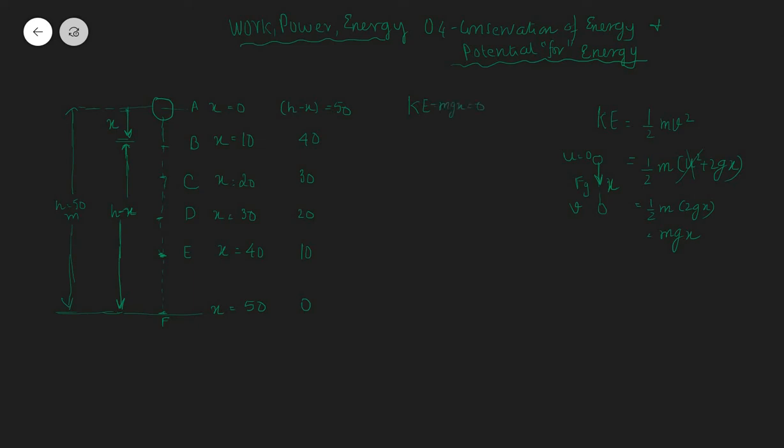Initially the body is at rest, so it is 0. Let's say the mass is 1 kg, so the gravitational force mg is 10 newtons. So the kinetic energy mgx here would be 10 into 10, 100 joules, and here 10 into 20, 200 joules, and similarly 300 joules, 400 joules, and 500 joules.